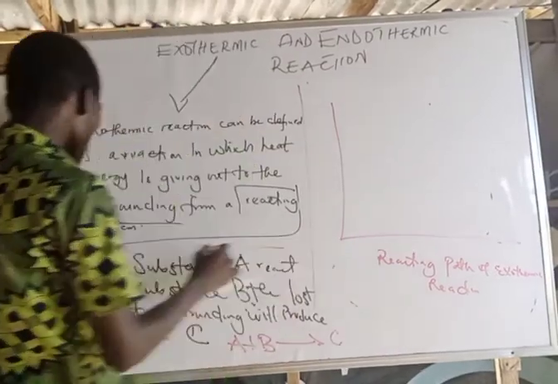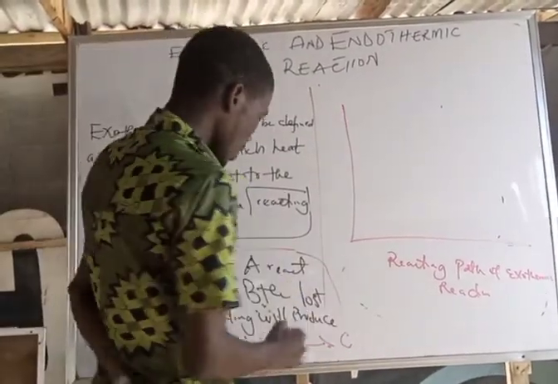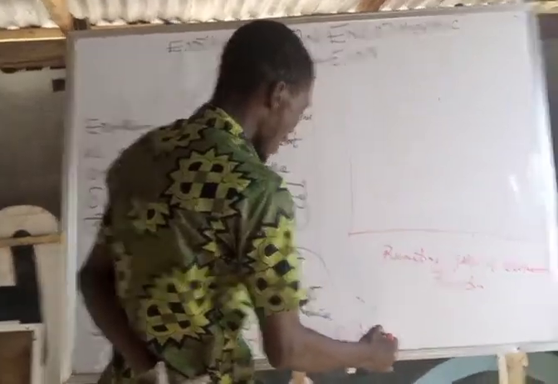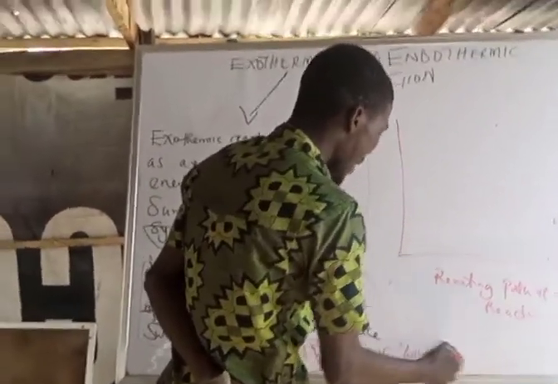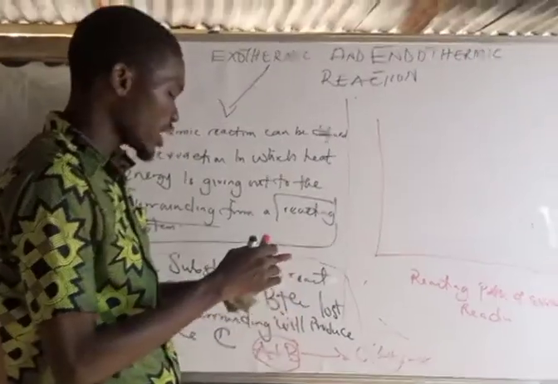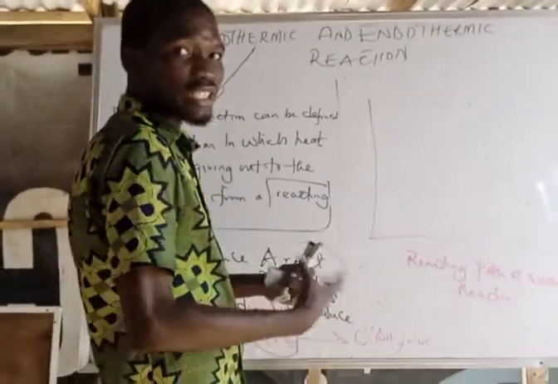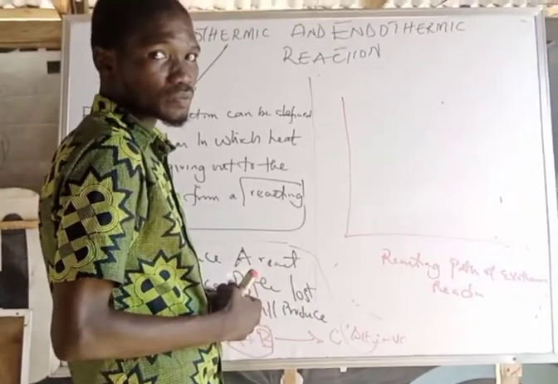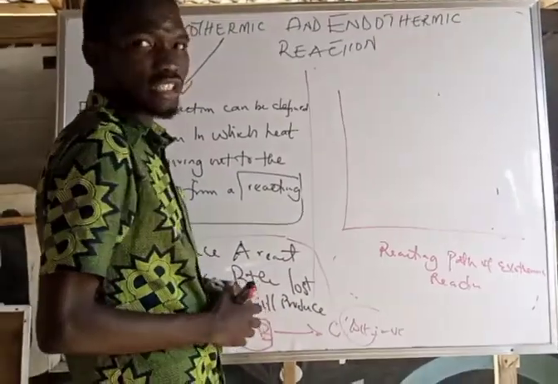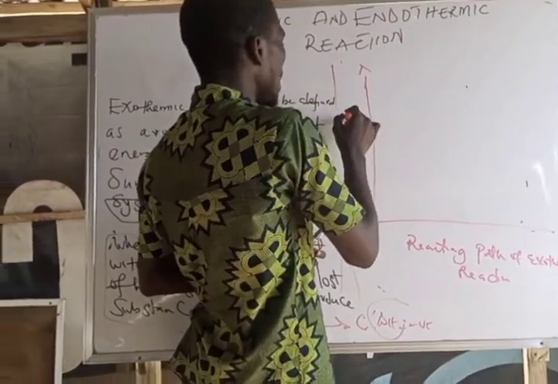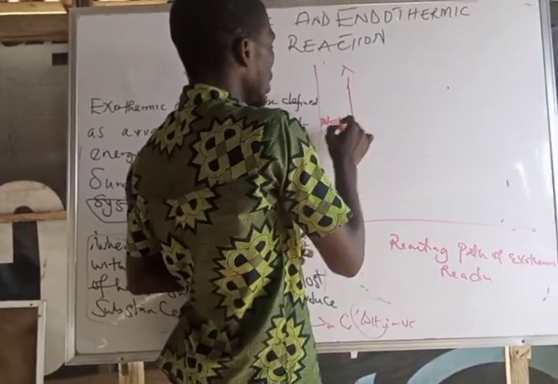So now I'm going to use this here to explain it. Here is the reactant side, while this place is the product side. Mind you, this change in heat is called the heat energy change. Here is called the potential energy.